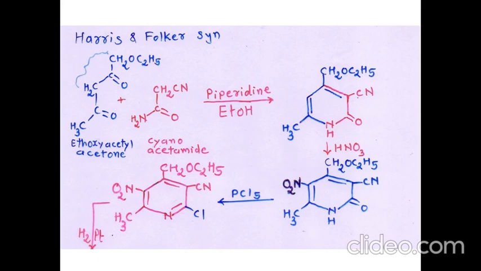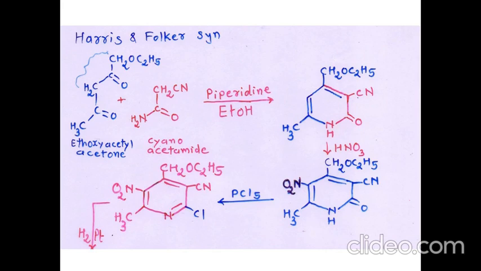So look at the starting material on the left hand side, where I have tried to draw a curvature line. It is your acetone part. On the upper CH2 you have OC2H5, that is ethoxy, and on the last carbon at the bottom, CH2 of acetone, you have the COCH3, that is the acetyl group.